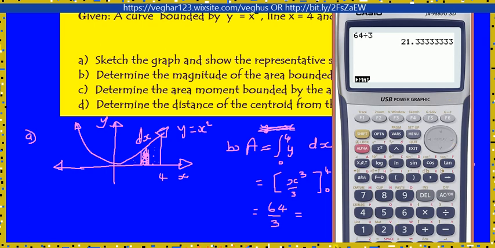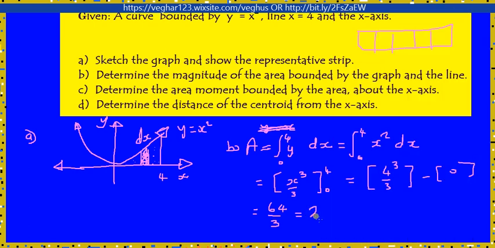And 21.333. So because an area is measured in unit square, the answer is in unit square.